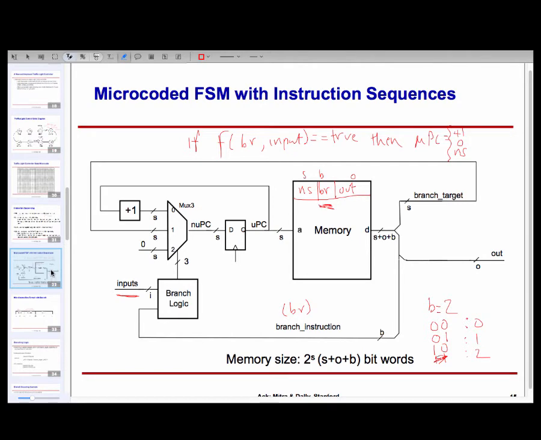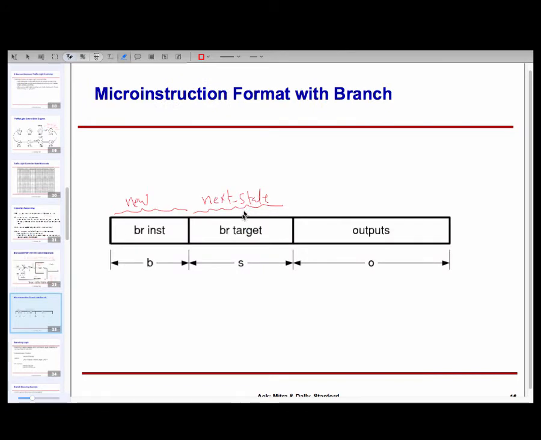clear to everyone? So imagine here, if branch target was the current state, and I arranged the branch instruction so that it selected the middle one, then I'm going to stay put. What if I want to jump to not the next state, but the state after that? Same approach.